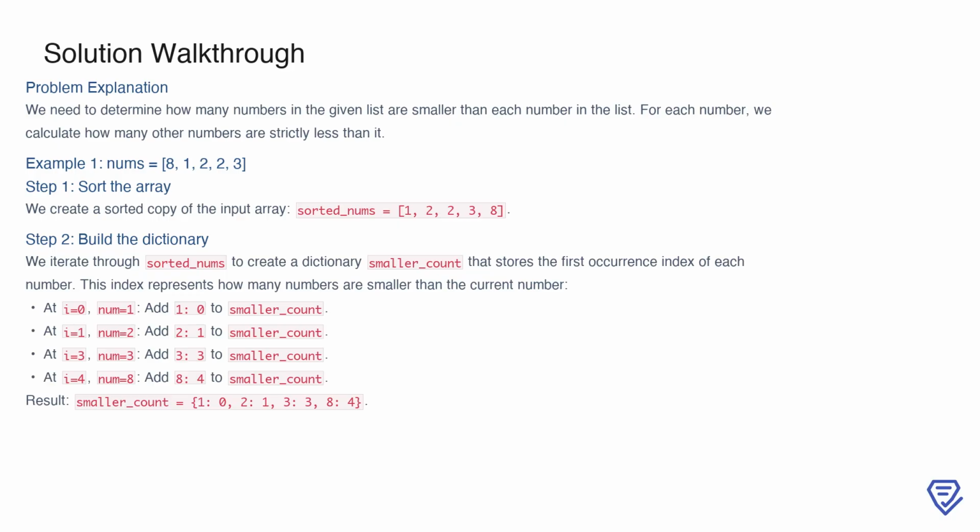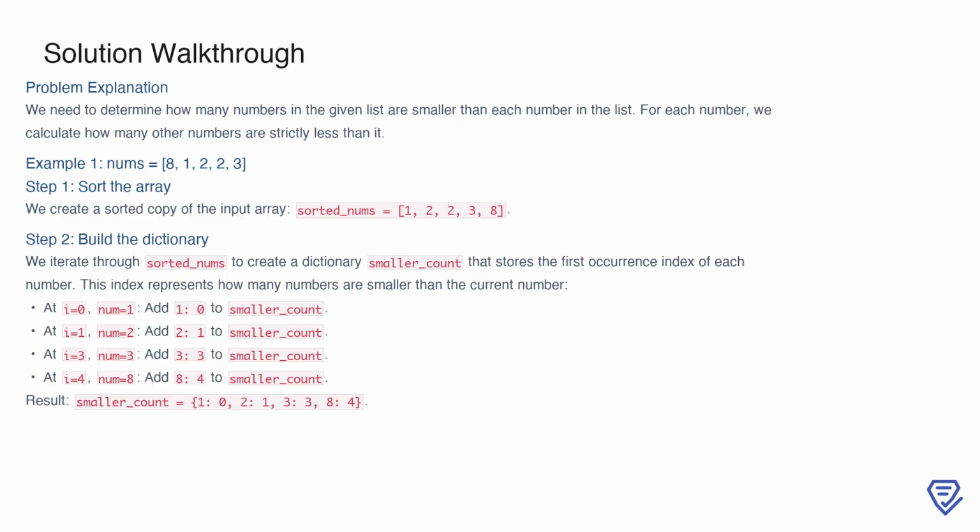Next, we build a dictionary called smaller_count that maps each number in the sorted array to the number of elements smaller than it. To do this, we iterate through sorted_nums, and for each number, we store its index in the dictionary if it hasn't been added yet. For example, at index 0, the number is 1, so we add (1, 0) to the dictionary. At index 1, the number is 2, so we add (2, 1).